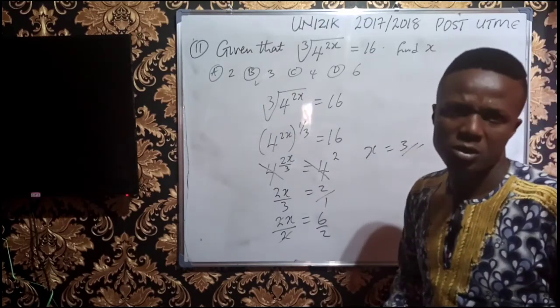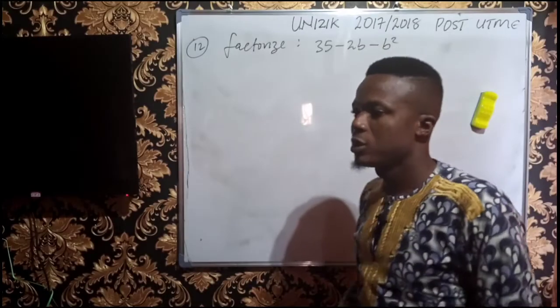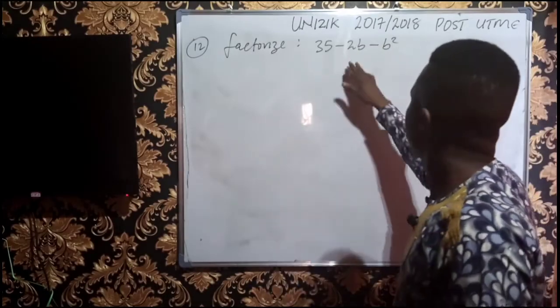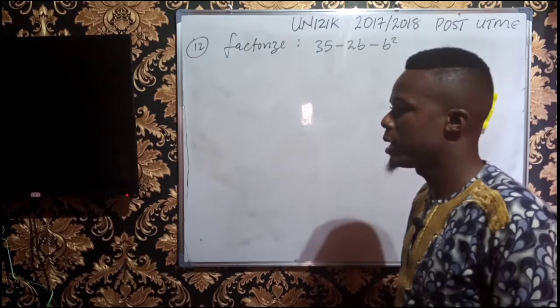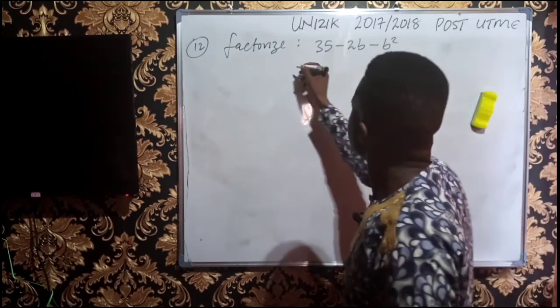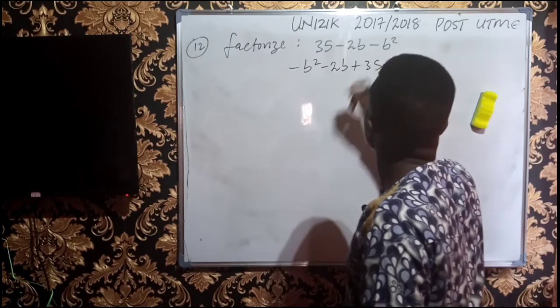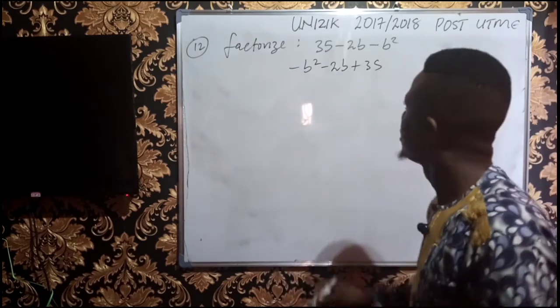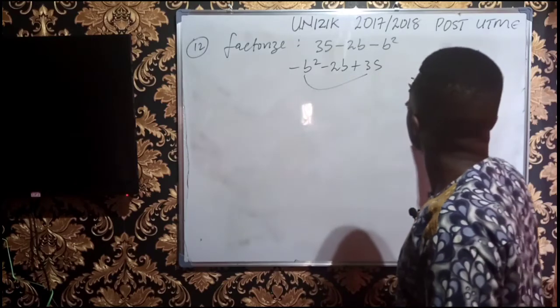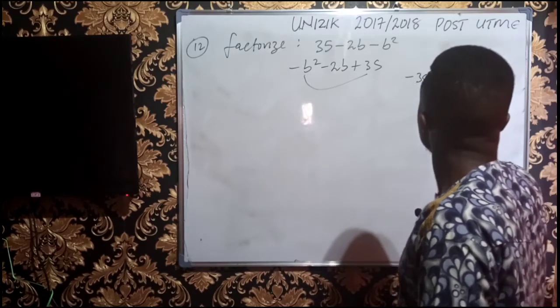So let's take the last question. The last question says we should factorize 35 minus 2b minus b squared. You can rearrange this as minus b squared minus 2b plus 35. Multiply these to get minus 35b squared.